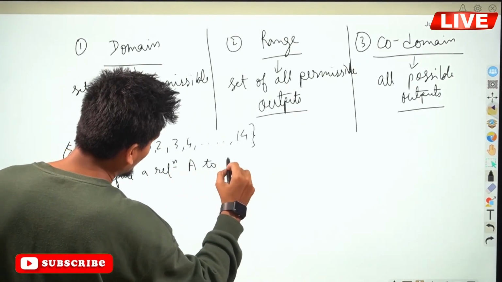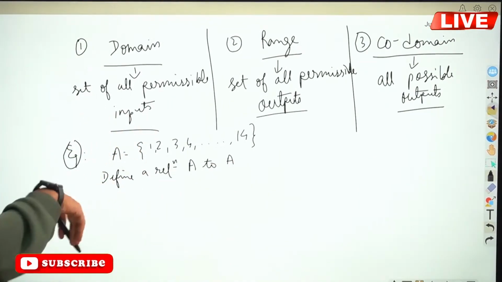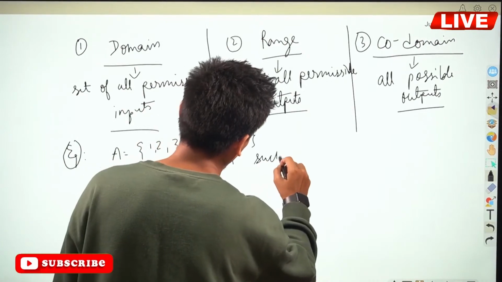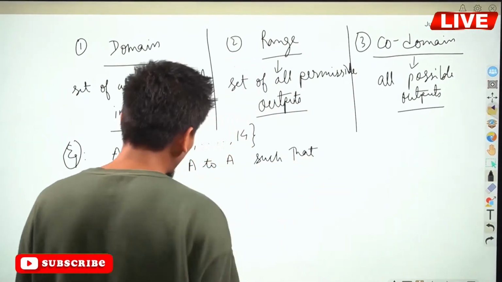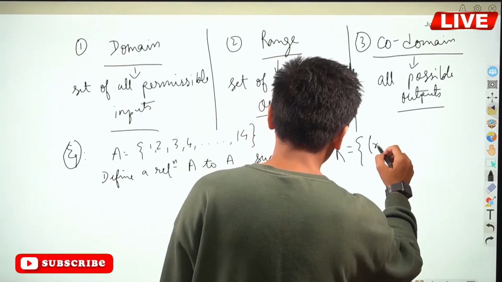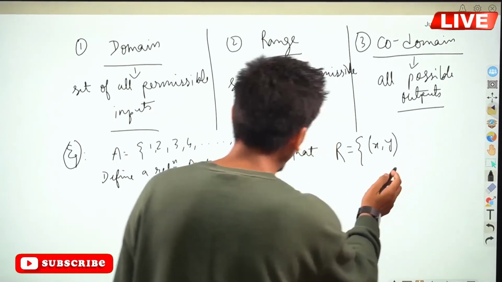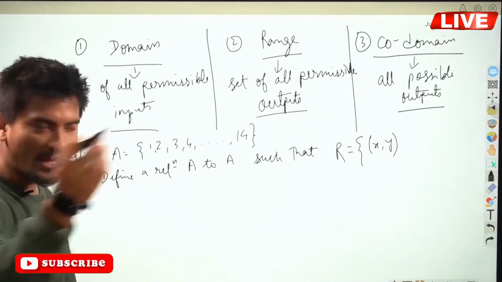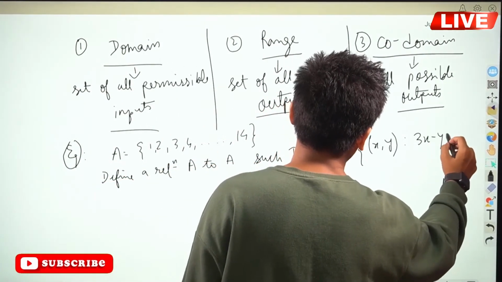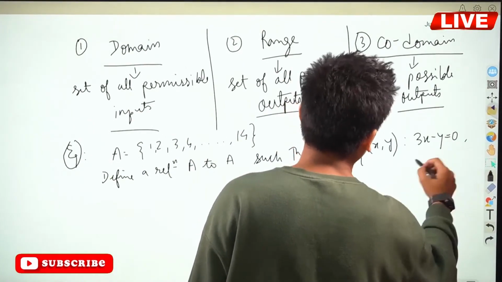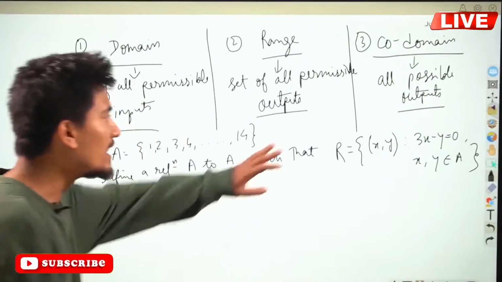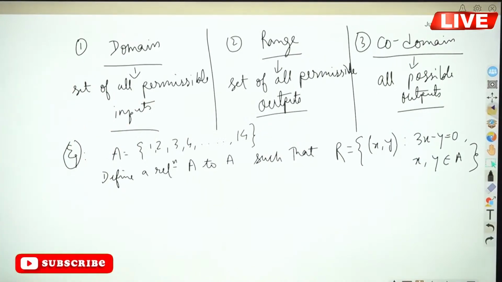Okay, we have to define the relation A to A, and the given condition is such that the relationship is defined as x comma y, where x comma y means the elements of A, right? Such that 3x minus y is equal to 0, where x comma y belongs to A. Okay, this is the given condition, right?